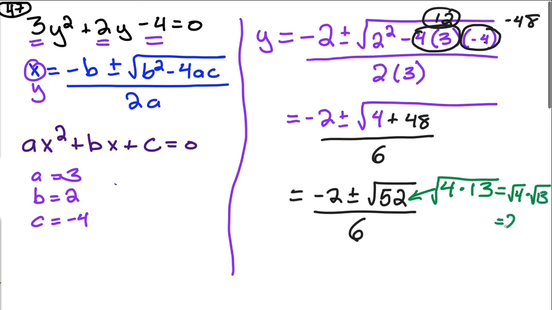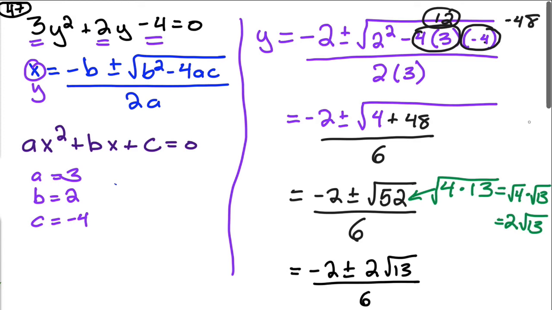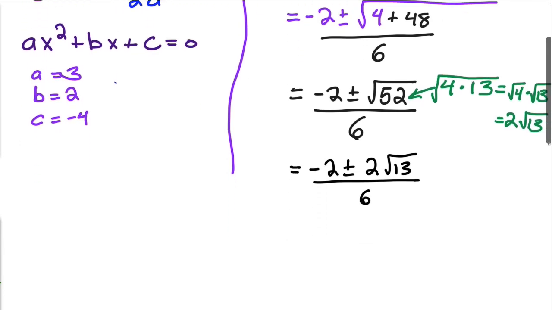And the square root of 4 is 2. So the square root of 52 simplifies into 2 times square root of 13. Okay, so that means this is equal to minus 2 plus or minus 2 square root of 13 all over 6.